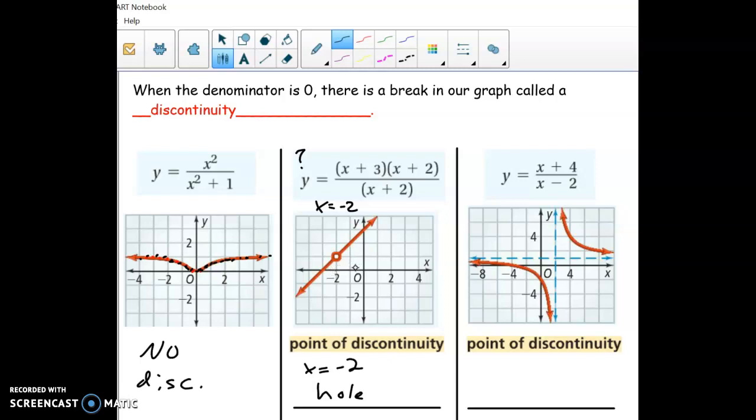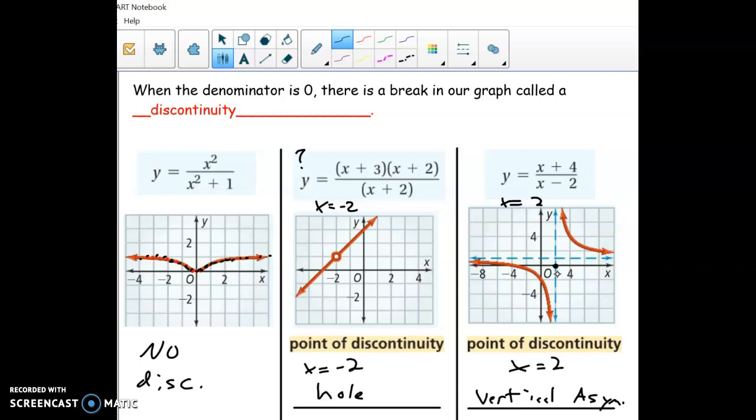On the second example, we already talked about our discontinuity at 2, so our point of discontinuity is x equals 2. But this time, at x equals 2, there's not a hole. There's a vertical asymptote. So basically when you have a discontinuity, there are two different types: holes or vertical asymptotes.